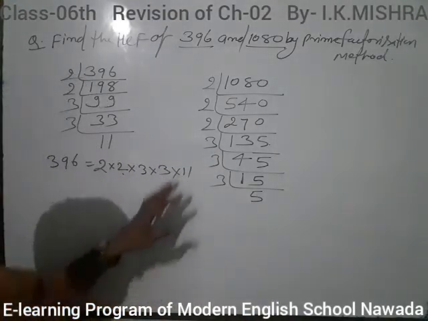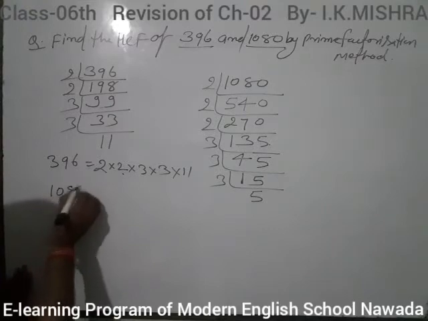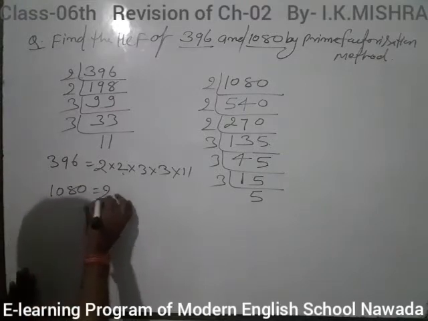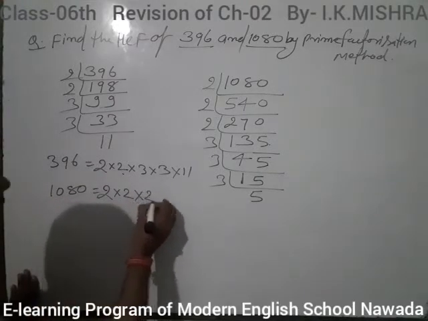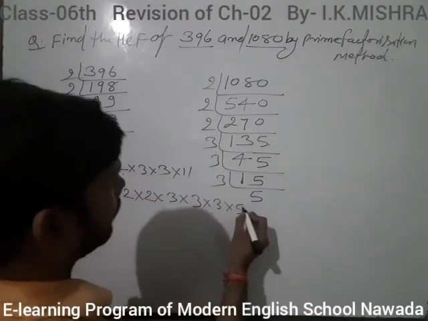So students, you can write here 1080 is equal to 2 into 2 into 2 into 3 into 3 into 3 into 5.